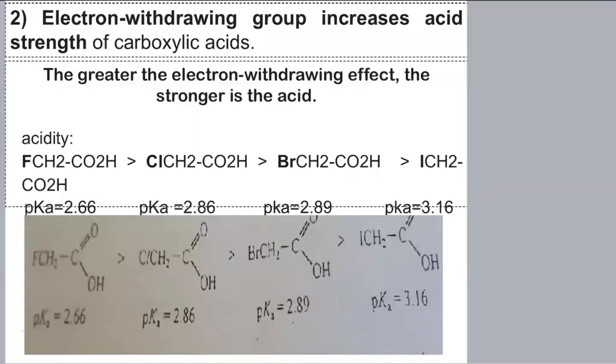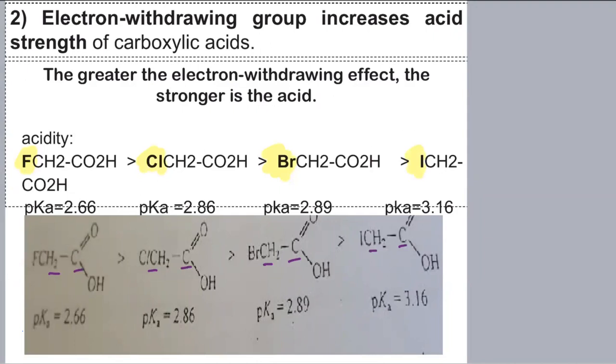Next one, we want to look at the different halogens. Notice that everything else is the same. There are 2 carbon atoms in each of the molecules, and the only thing that's different is the halogen. So you should be looking at the electronegativity. We know that fluorine is the most electronegative element.